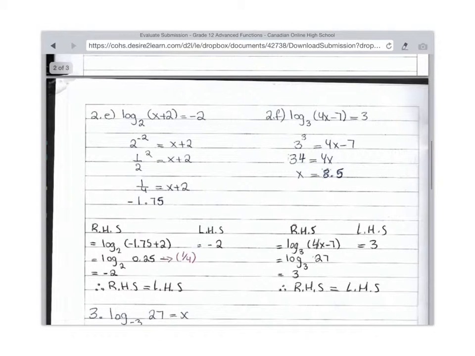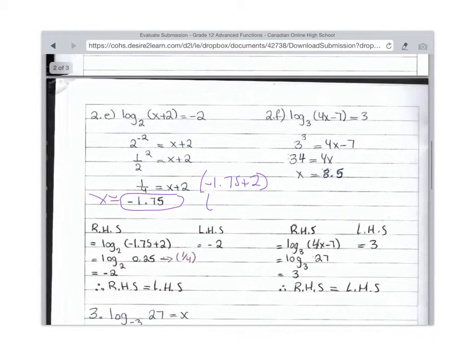Here's an example where you end up with x equals negative, and you should always remember your form, have an x equals there. You can't just write the minus 1.75. In this case, you have to consider what happens if we put minus 1.75 back in the bracket for x.